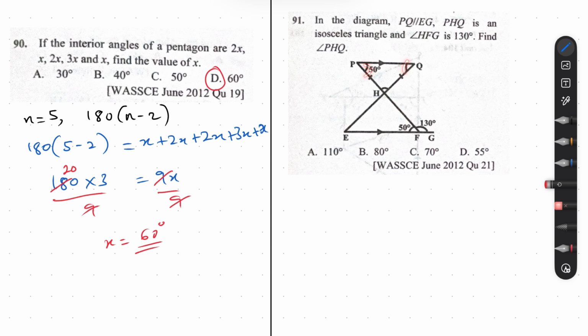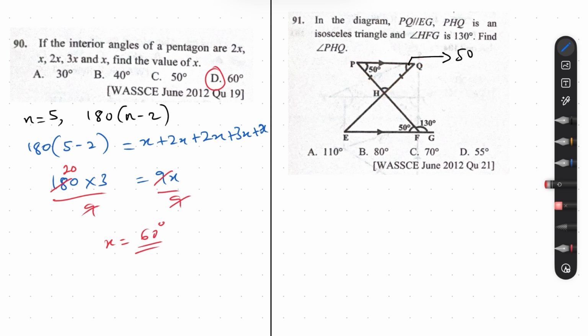So let's label this side also as 50. And angle HFG is 130, so this angle right here is 130. Find angle PHQ. This angle is what we're looking for.